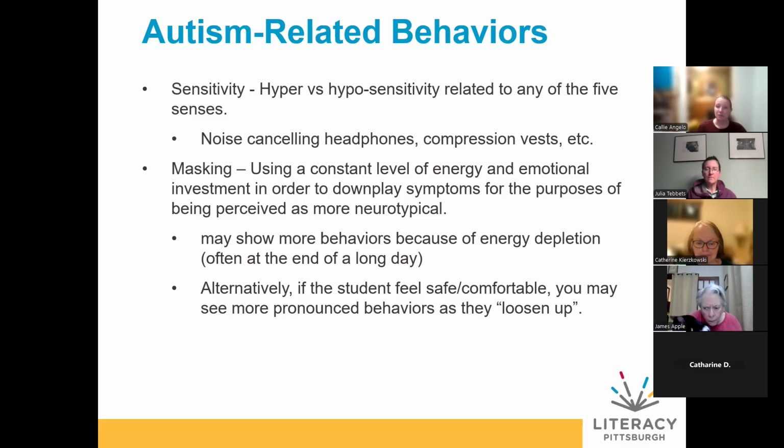So if you are meeting with a student at the end of a long work day, when they may have been masking for several hours, you may see more behaviors because you're at the end of the energy depletion, right? On the other side of things, as your student meets with you, develops a relationship, potentially becomes more comfortable, you may see more pronounced behaviors as they grow to become more comfortable with you.